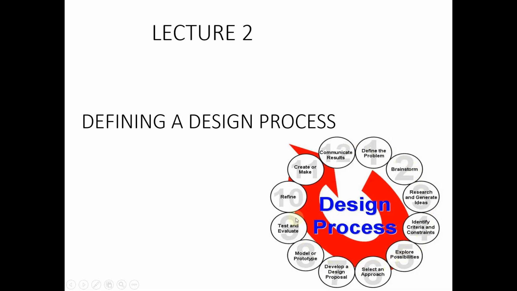It is not mandatory that every product or every organization which produces a product will have all these well-defined 12 processes. Sometimes you may notice that a few of the processes are combined together as a single process. For example, defining the problem and brainstorming together will be a single stage. Research, idea generation, etc., may be combined together.